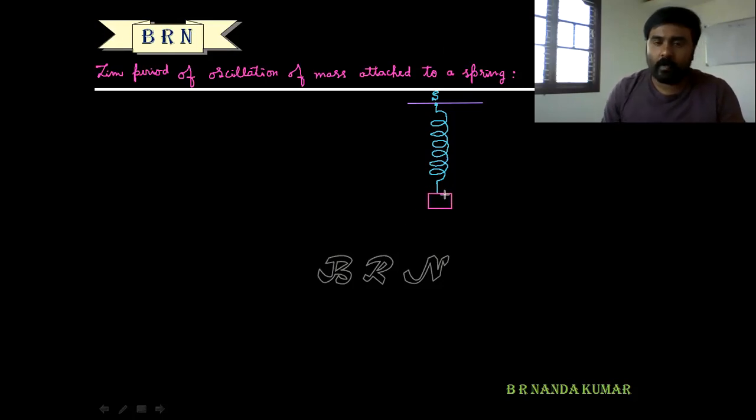One end of the spring is fixed to a rigid support and the other end of the spring is fixed to a block of mass m. m is the mass of the block.